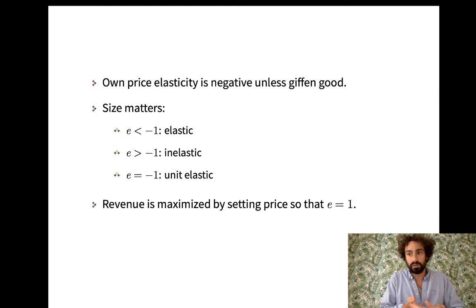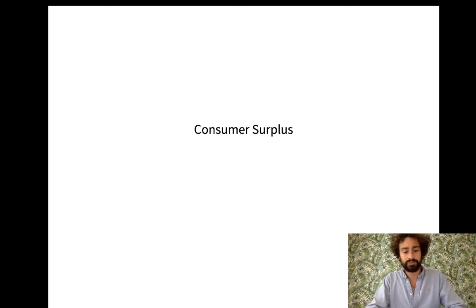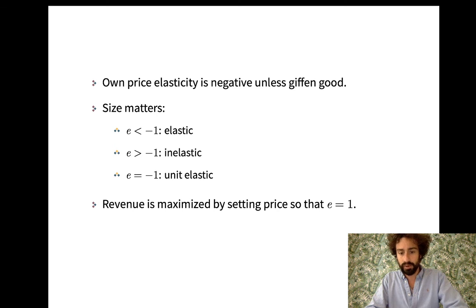Because you increase by 1%, but you get less than a 1% decrease in sales. Now this is revenue maximizing, not profit maximizing, but it maximizes the revenue. So maybe we'll have a homework question on that, and that can help clarify that idea. All right, I think that's it for this hopefully relatively short video.